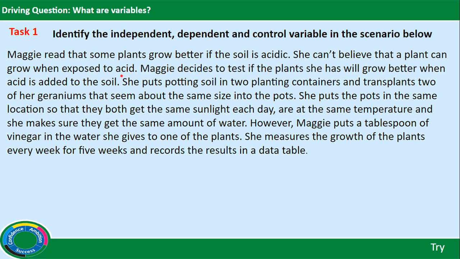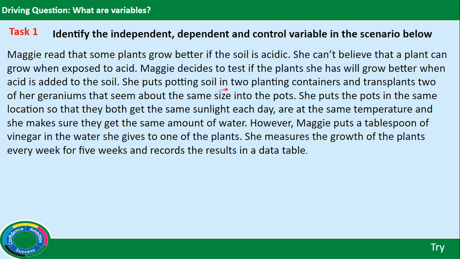Will plants grow in acidic conditions? Her hypothesis could have been plants cannot grow in acidic conditions. That's testable. Now, Maggie decides to test if plants she has will grow better when acid is added to the soil.